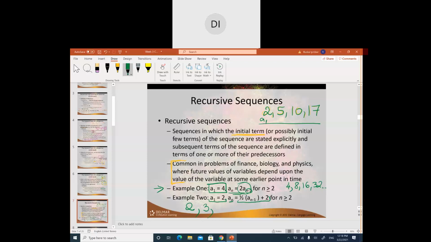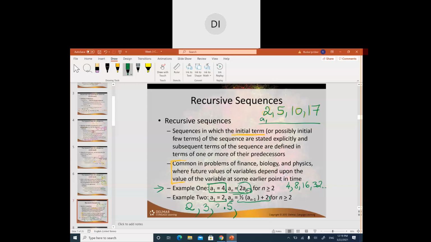The next one, what's going to be the next one? Half of 3. What is half of 3? 1.5. 1.5 plus 2 is 3.5, right? You're adding 2, not 1. Half of 3 is 1.5.